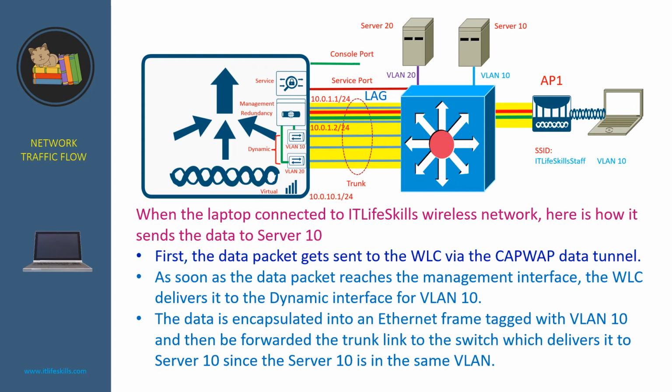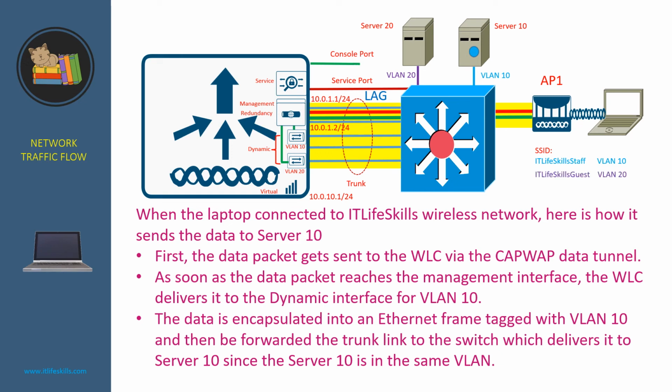First, the data packet gets sent to the wireless LAN controller via the CAPWAP data tunnel. As soon as the data packet reaches the management interface, the wireless LAN controller delivers it to the dynamic interface for VLAN 10. The data is encapsulated into an Ethernet frame tagged with VLAN 10 and then forwarded to the trunk link to the switch, which delivers it to server 10, since server 10 is in the same VLAN.